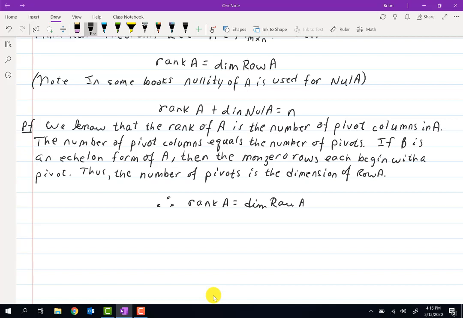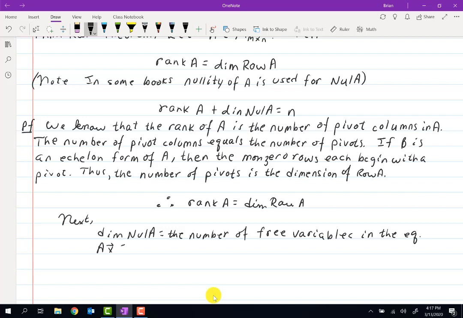Therefore, rank A equals dim row A. Now, next, the dimension of the null space of A is equal to the number of free variables in the equation AX equals the zero vector.